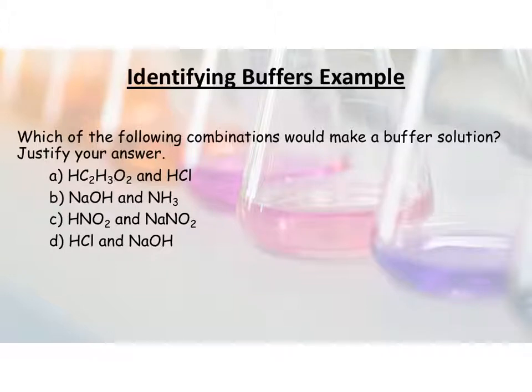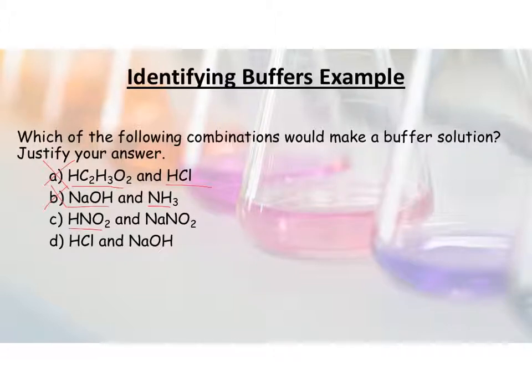All right, so if we were to look here, which one of these would make a buffer solution? Okay, so we've got our weak acid, strong acid. So that is definitely not weak acid conjugate base. Okay, then we have strong base, weak base. Okay, again, not a conjugate pair.